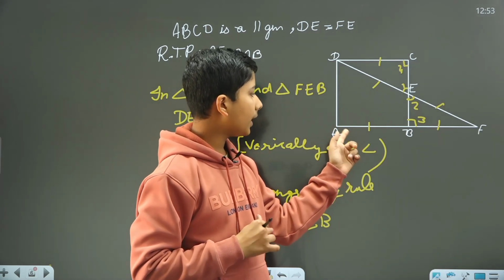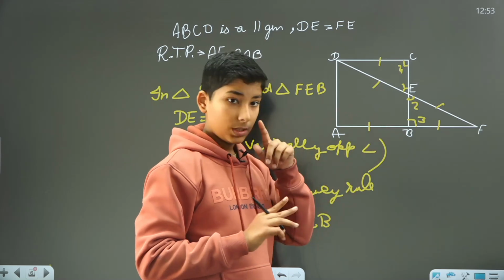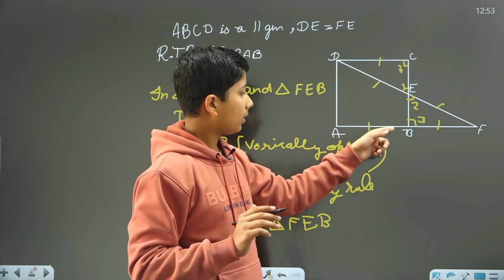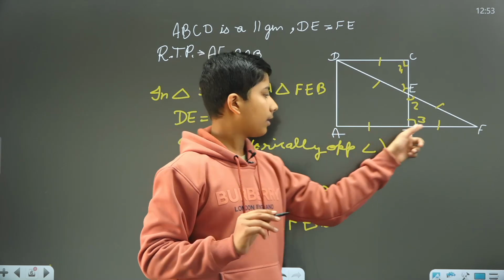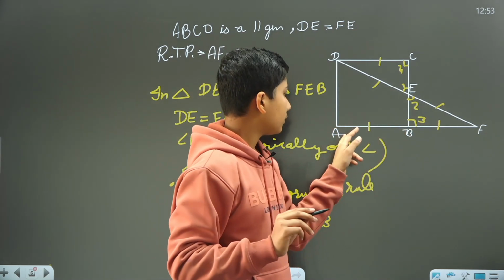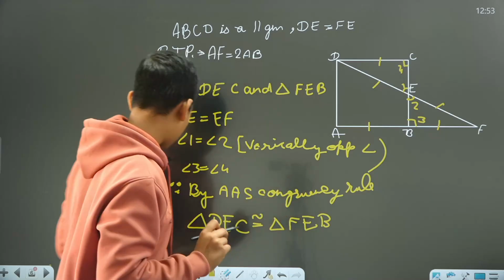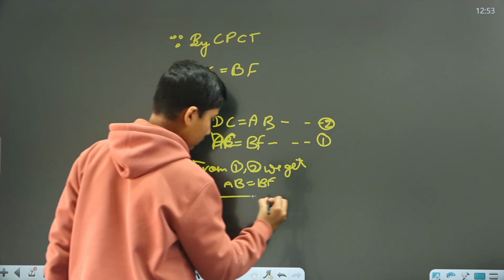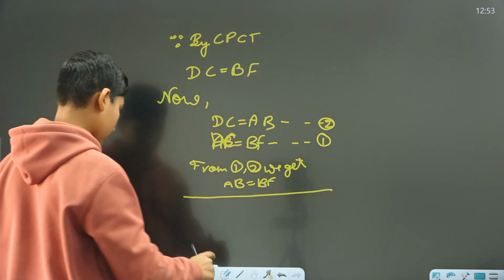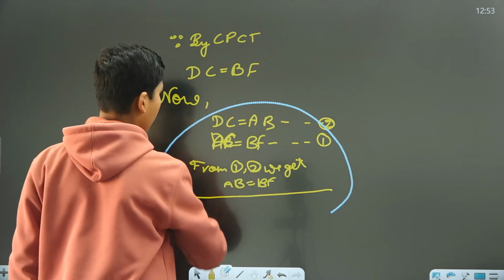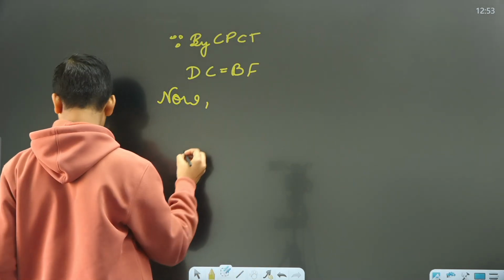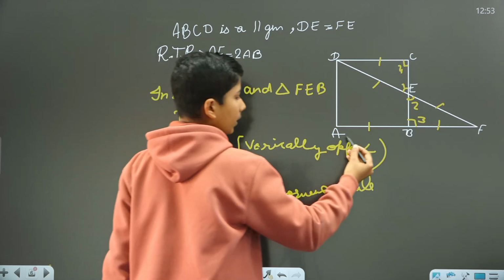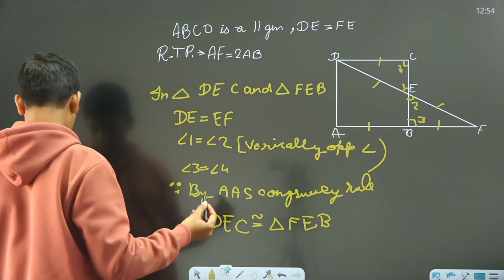Now what will we write? AF equal to 2AB, we have to prove. So we will write, I'll erase this to make some space, AB plus BF.